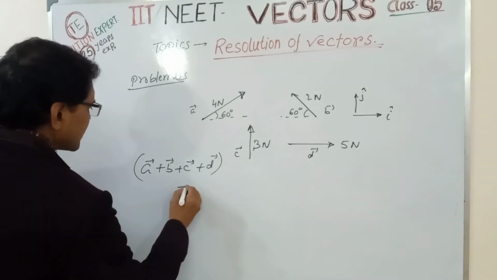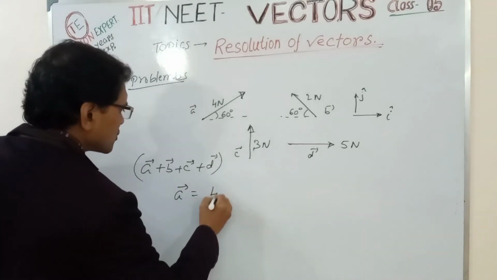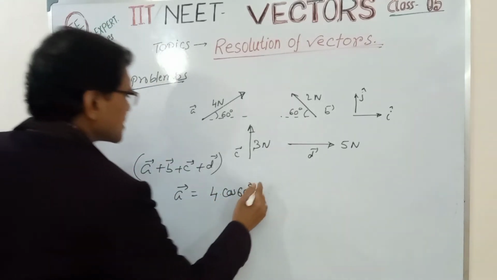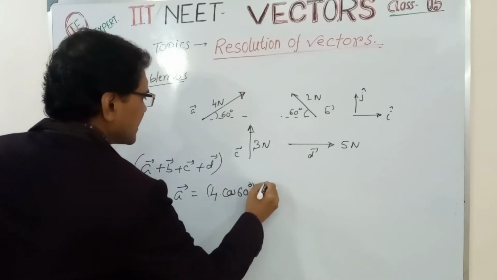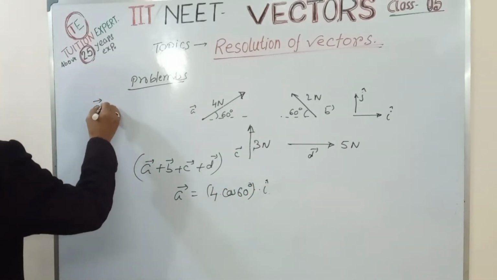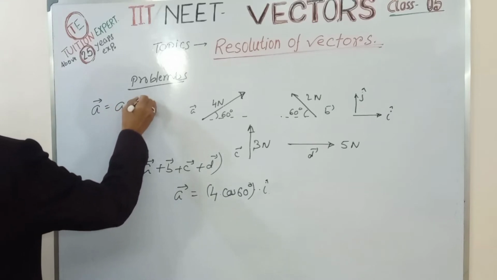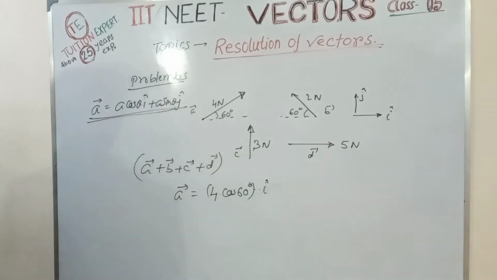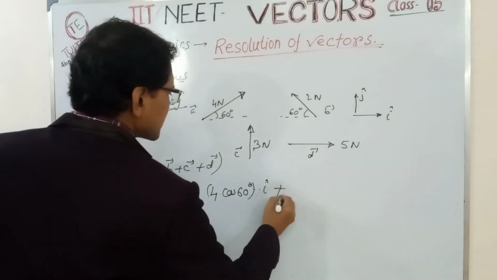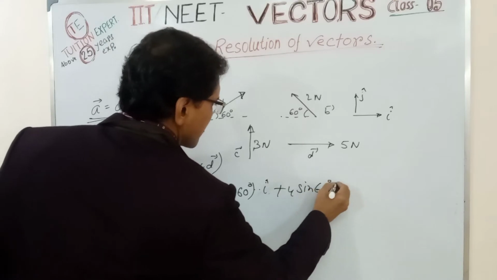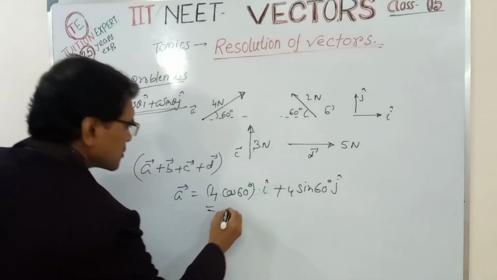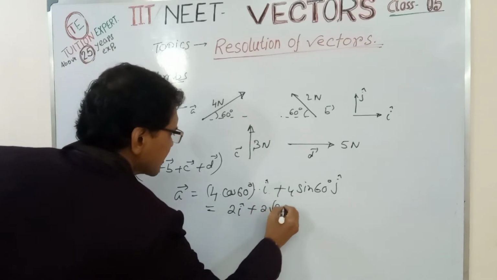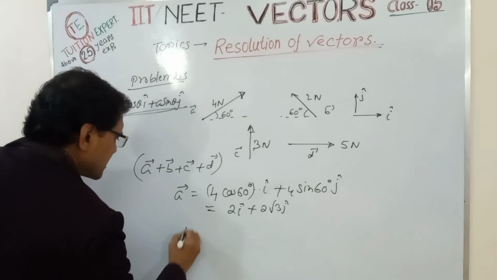So what is A? A becomes 4 cos 60 degree i plus 4 sin 60 degree j. We use the result A cos theta into i. What is B?